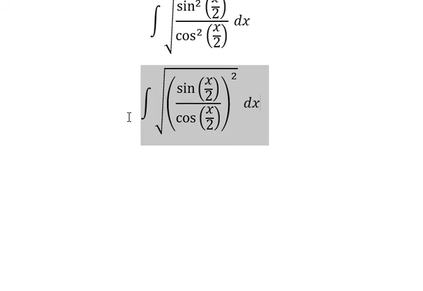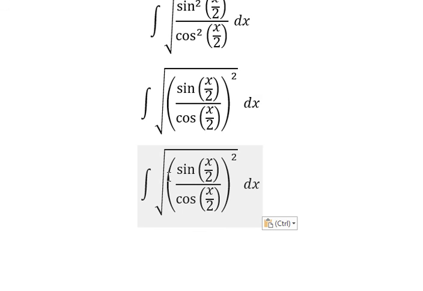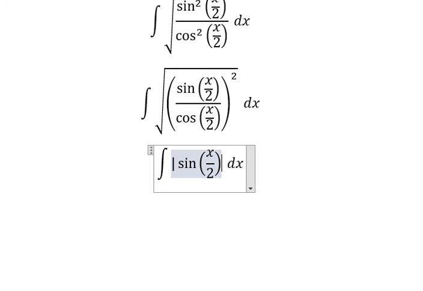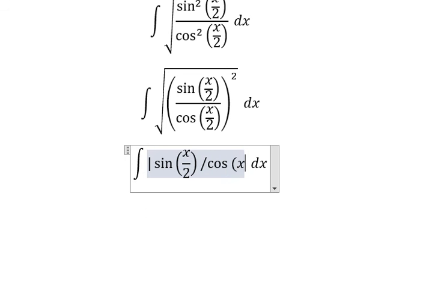And this one we get the absolute value of sine of s over 2 over cosine of s over 2.